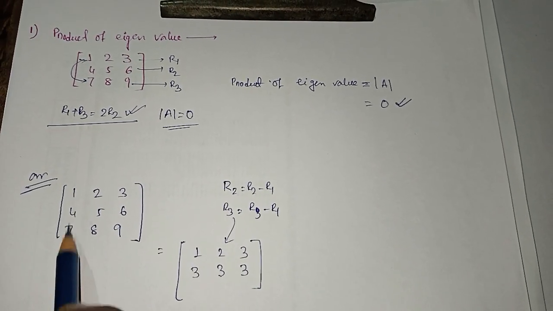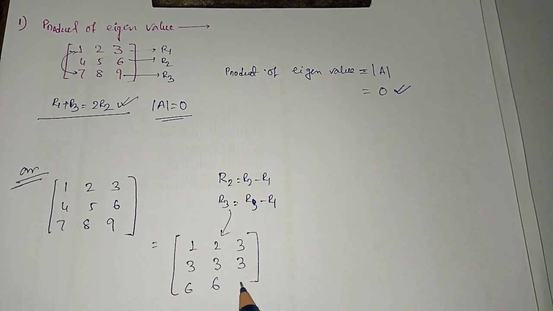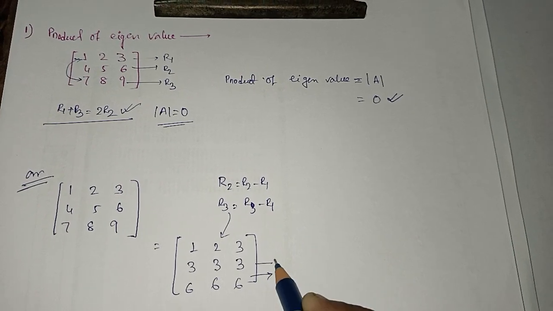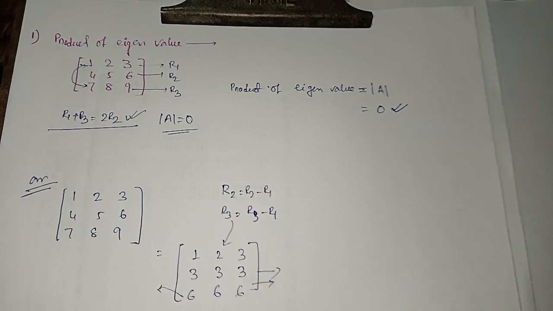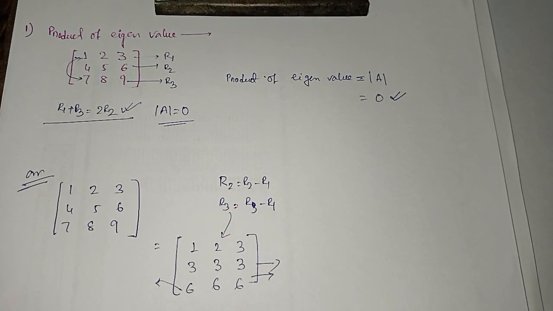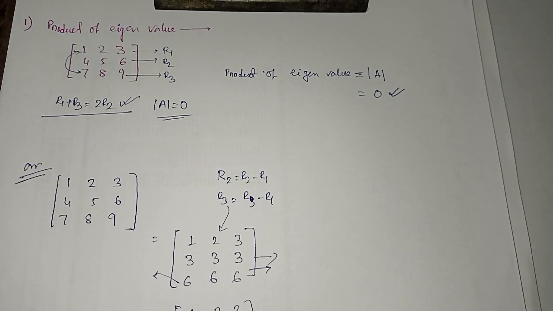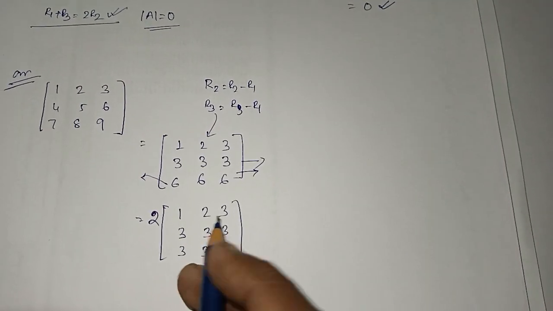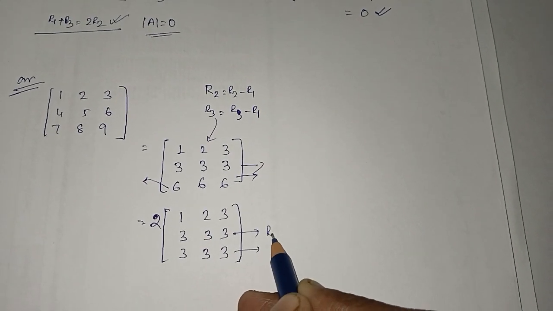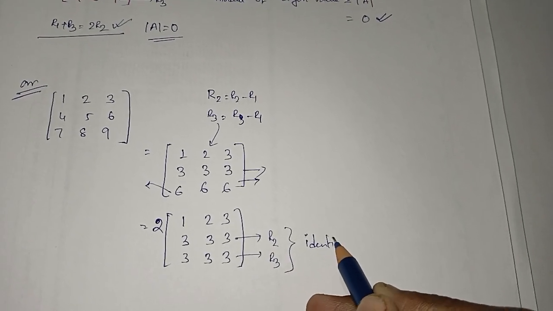Row 3 minus row 1: 7 minus 1 is 6, 8 minus 2 is 6, 9 minus 3 is 6. If we take out the common factor 2, we get 1 2 3, 3 3 3, 3 3 3. So row 2 and row 3 are identical.